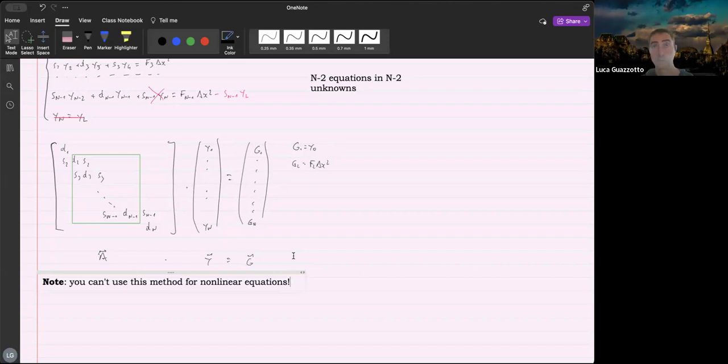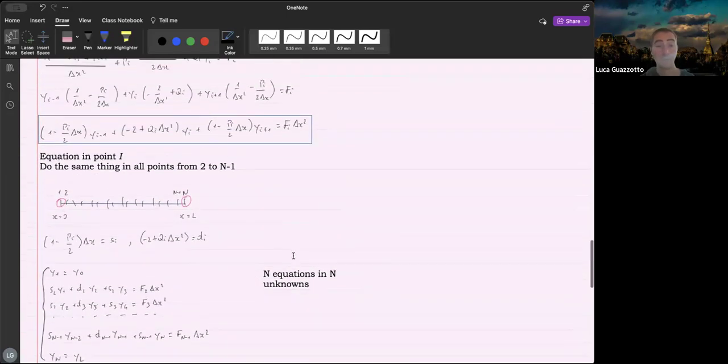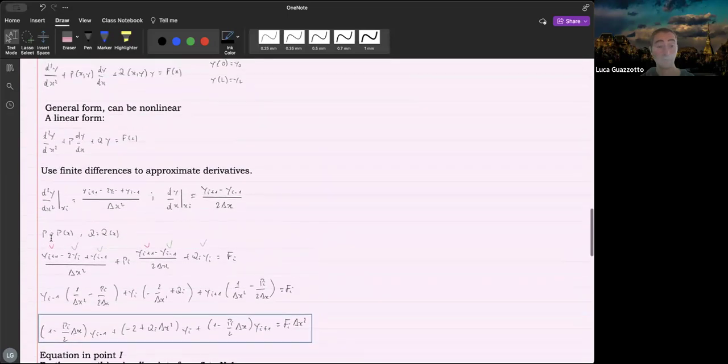One more thing that you can possibly encounter is higher order derivatives. And if you want to solve that as an equilibrium problem, you do it again in the same identical way, but you'll have to insert the finite difference approximation of whatever derivative you have here.